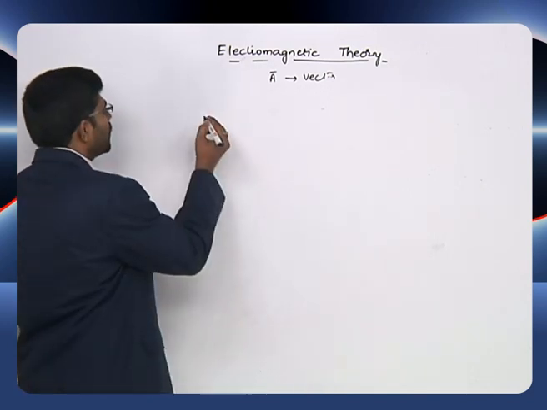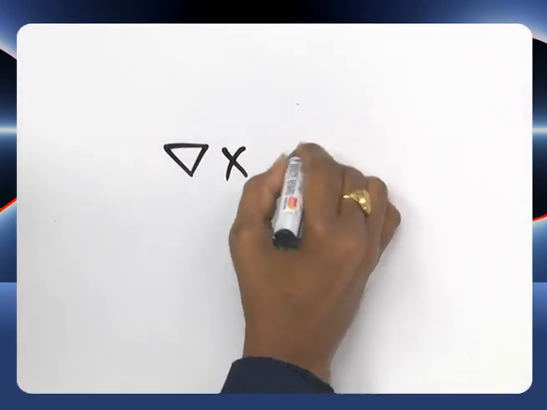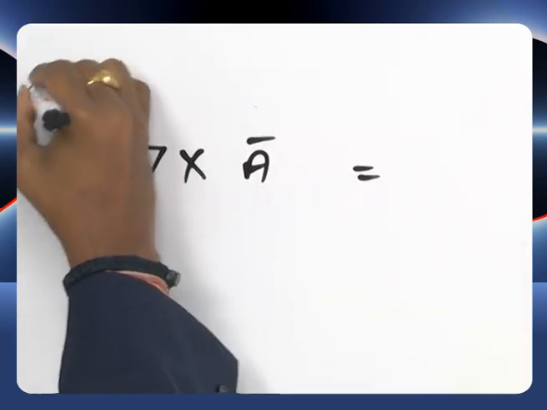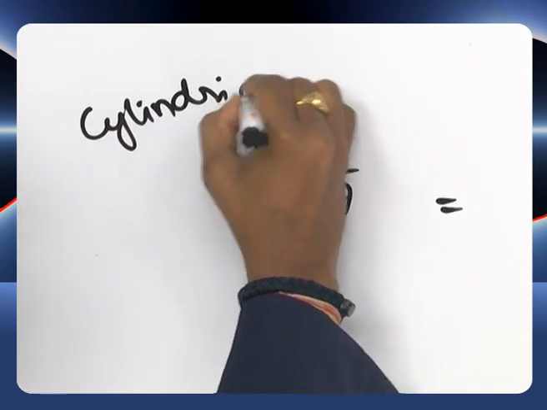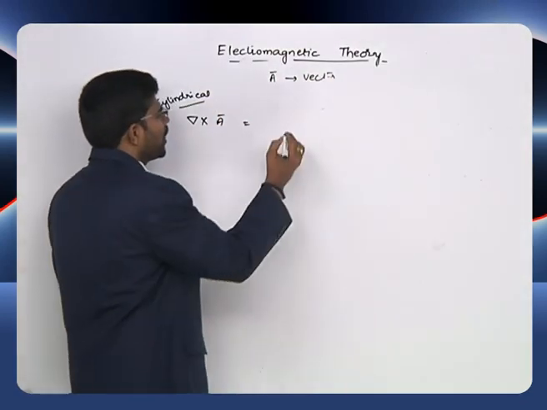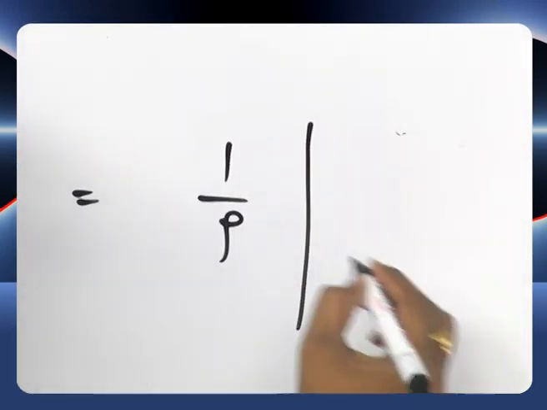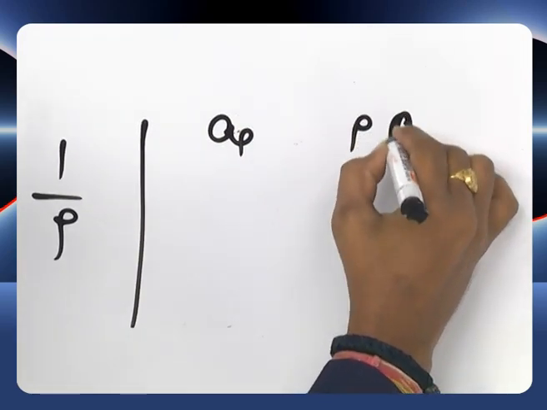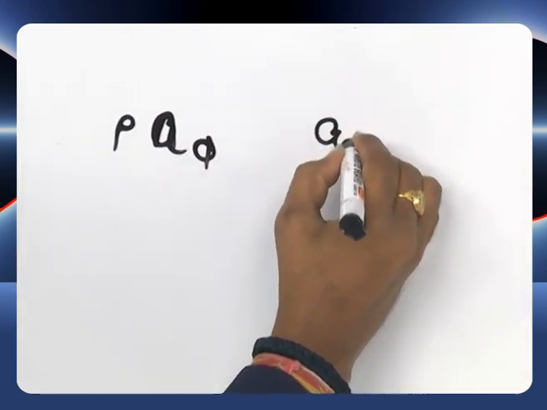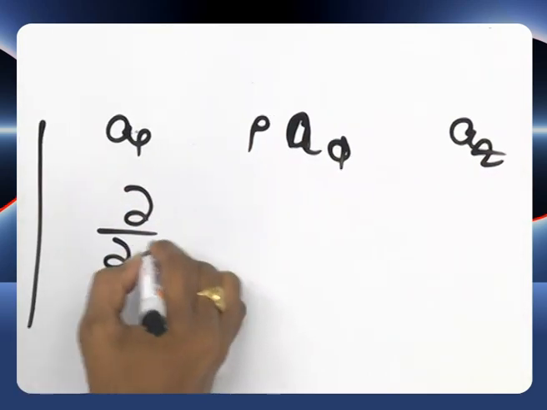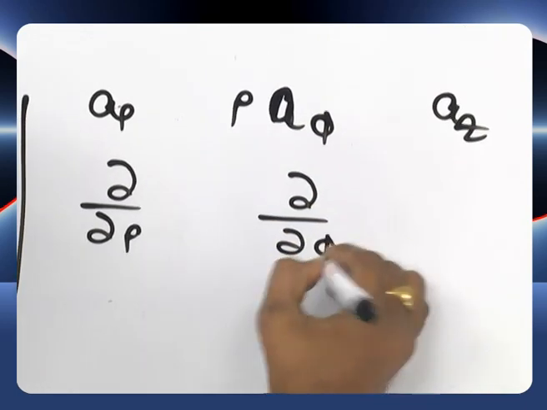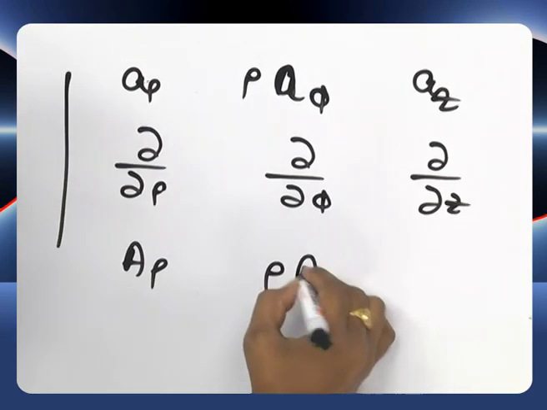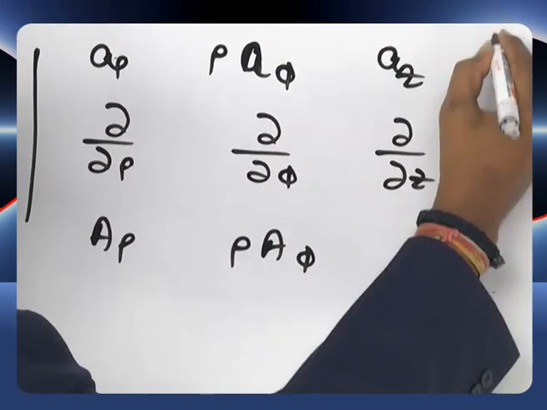Now here, how to define the same curl operator in cylindrical coordinate system? Let us consider the cylindrical coordinate system operation. Then del cross a bar, this is for cylindrical, is equal to 1 by rho times the determinant of a rho, rho a phi, az; dou by dou rho, dou by dou phi, dou by dou z; and a rho, rho a phi, az.